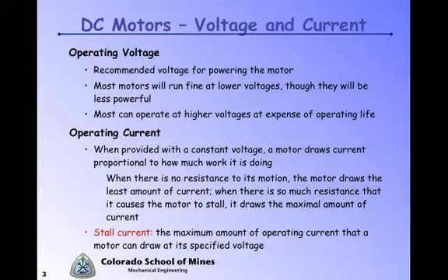Most motors will run just fine with lower voltages down to a certain point, but they'll be less powerful. And most will operate at higher voltages than their so-called rated voltages at the expense of operating life.